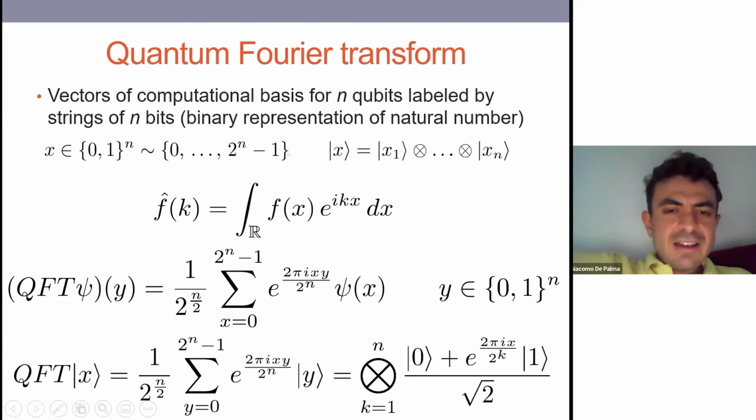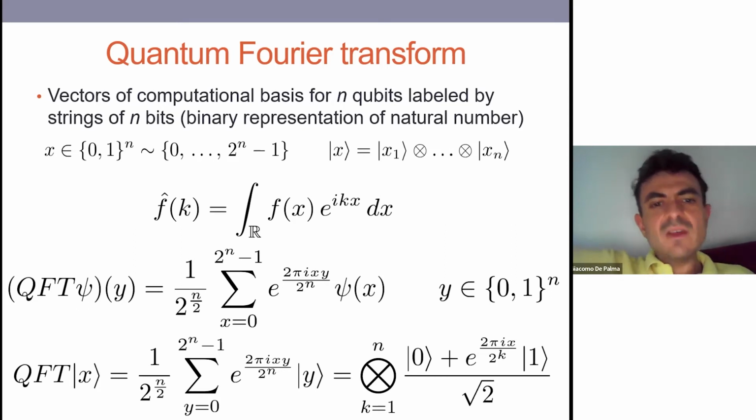And in all this lecture, we will consider a bit string x at the same time as a natural number in binary representation. You will understand from the context every time what interpretation is used at the moment.